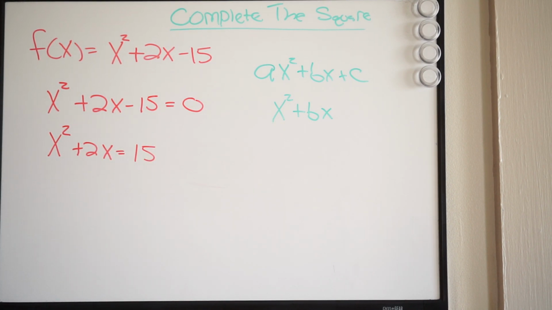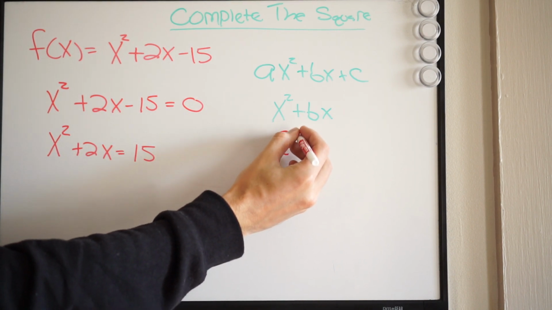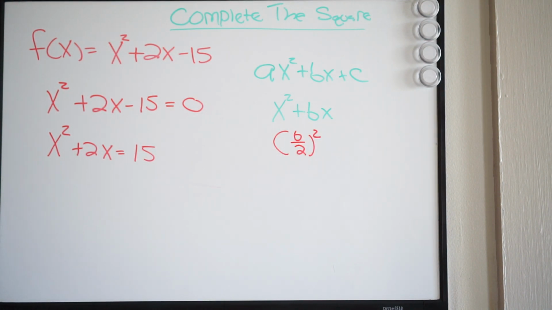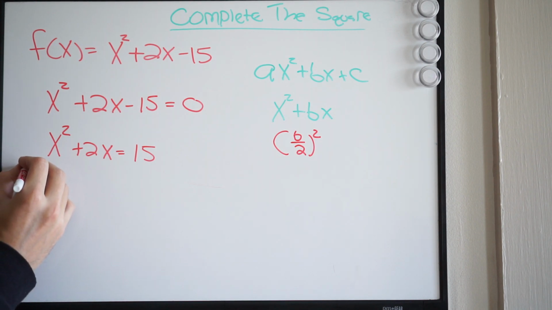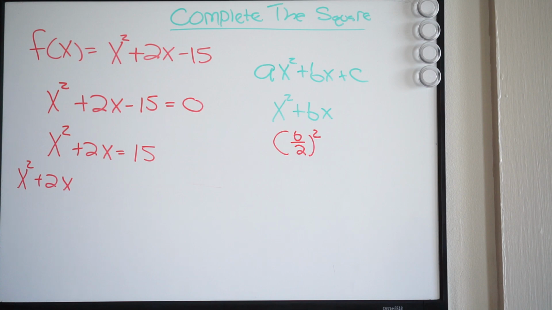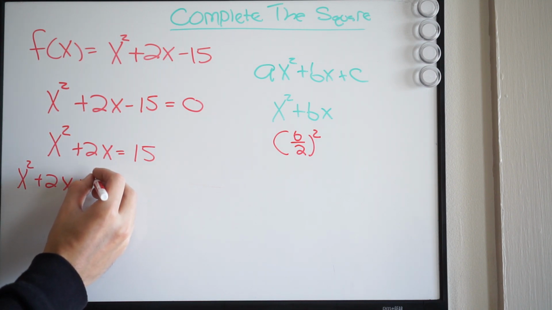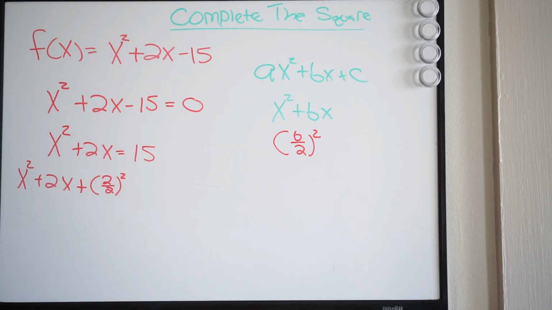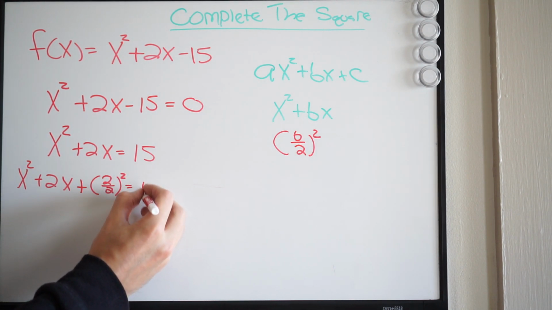At this point, you can go ahead and start completing the square. In order to do that, you're going to do b over 2 squared on both sides. So for example, rewriting this, we'll have x squared plus 2x, and now b over 2 squared, so in other words, plus 2 over 2 squared equal to 15.